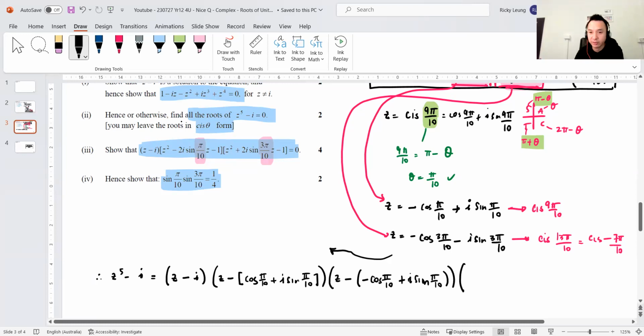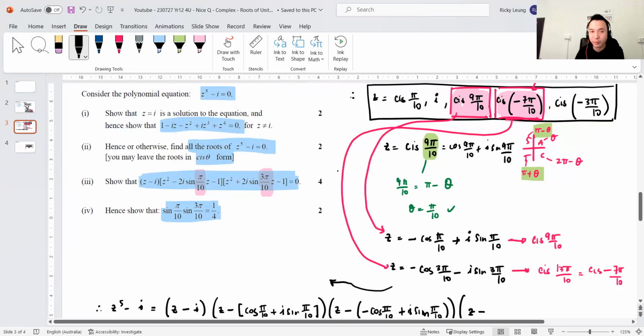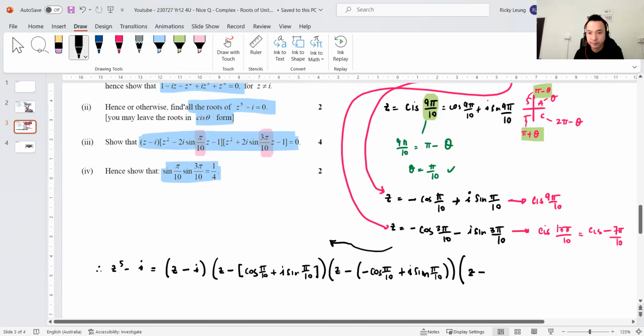Now the third one was z minus. Now this one's minus, and we all know when it's a negative argument, I can express it as cos positive minus i sine positive. So it would be cos 3 pi on 10 minus i sine 3 pi on 10.